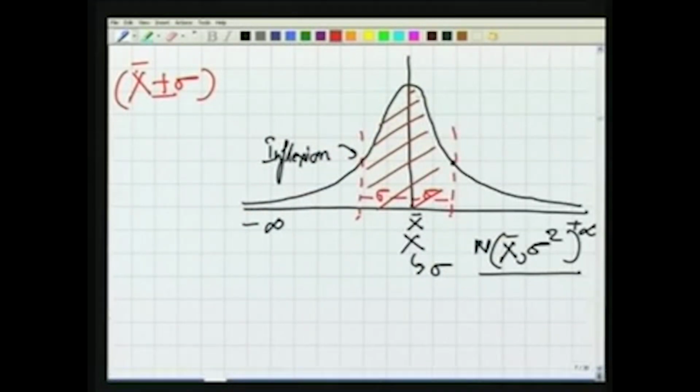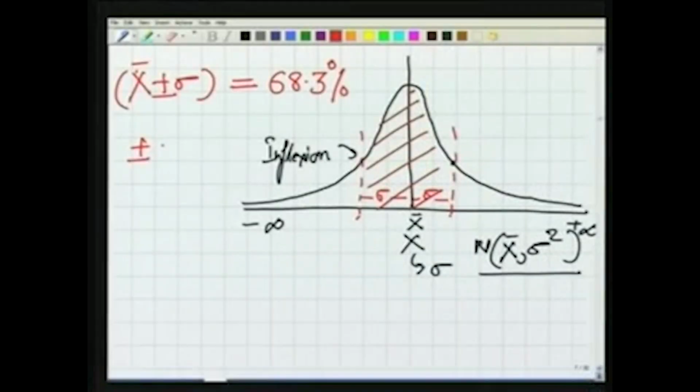So, this area which is shaded by red color here, we can make use of the standard normal curve and again find this area, and this area comes out to be 68.3%. If we are considering the entire area within the normal curve to be 100, then it is 68.3.